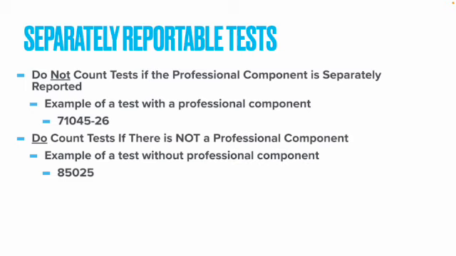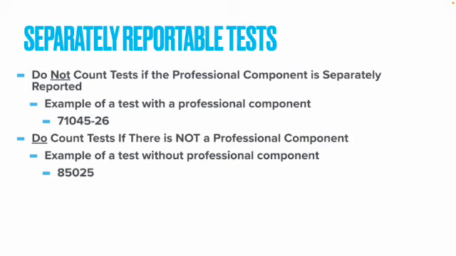For instance, the CBC does not have a professional component, so your provider can bill it, and they can also get credit for ordering it in the encounter, even though they get to bill it.